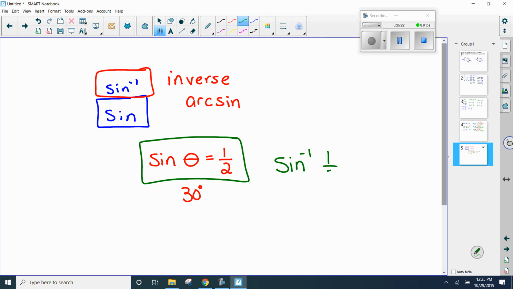So type in that on your calculator. So go second function sine, second function sine, and then 1 divided by 2 or whatever. And what do you get? 30 degrees.